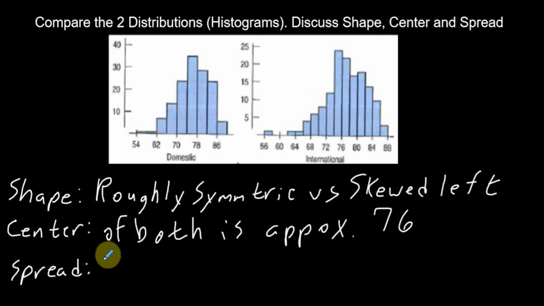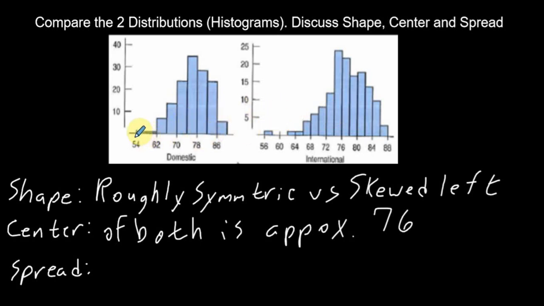And now let's focus on spread. It's difficult to figure out standard deviation from a picture. If you talk about IQR, you want to put in the 25th percentile and the 75th percentile.